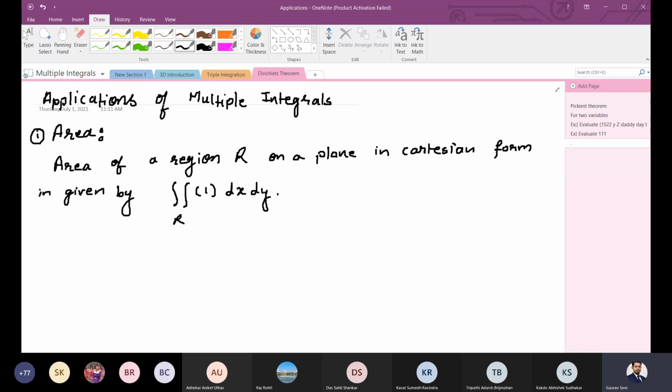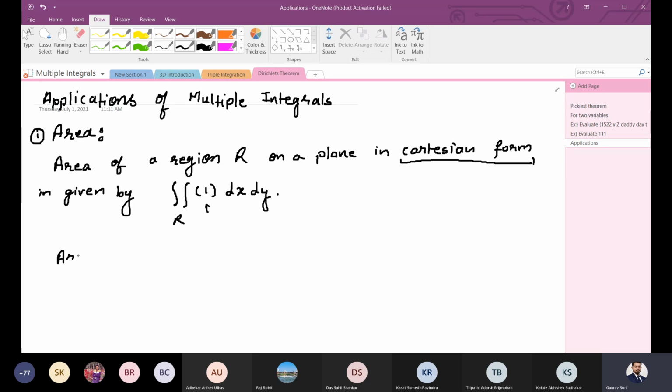What does the statement say? You have a region which is given in Cartesian form, and I want to find the area. If I want to find the area of a region, we simply take the double integration over that region with integrand as 1. The answer I get is the area. Note that this is in Cartesian form, where the integrand is 1.